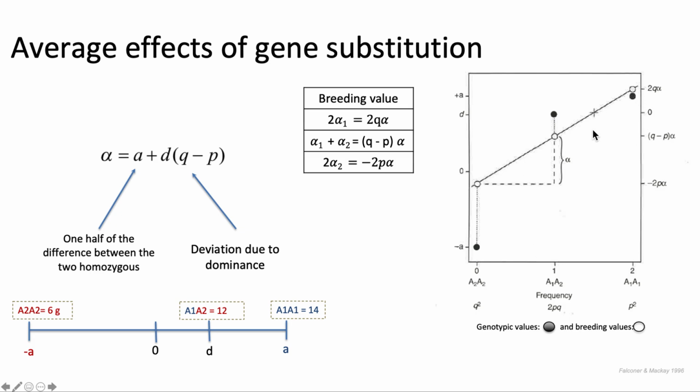As you can see here, the black points are the real genetic values, and the white points are the estimated genetic values. So under an additive value model, we can take into account the dominant deviation to some degree.